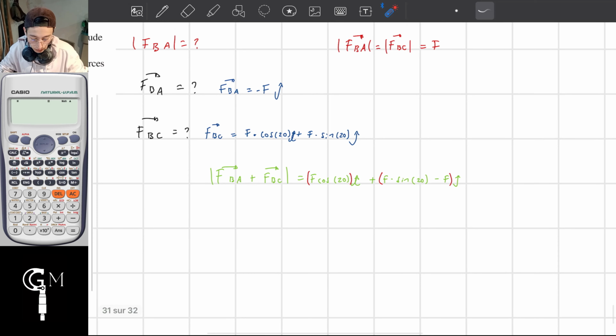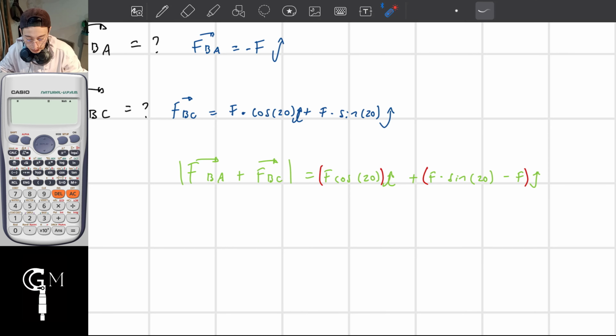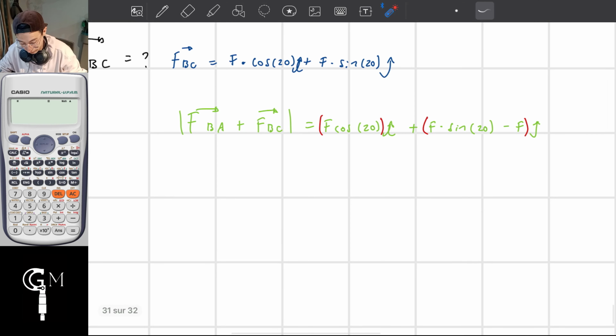Well, what I did right here basically is take this component and add it to these two components. I cannot do it, for example, right here, because the x-axis doesn't have anything to do with the j-axis. I can only do it right here. So yeah, basically I place it right here.